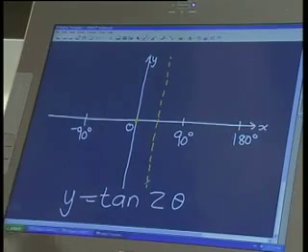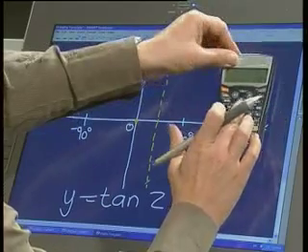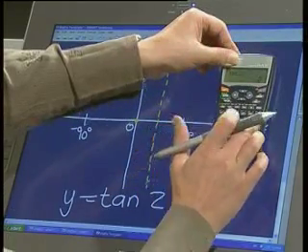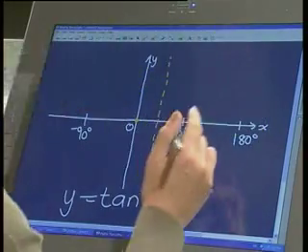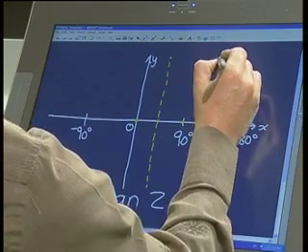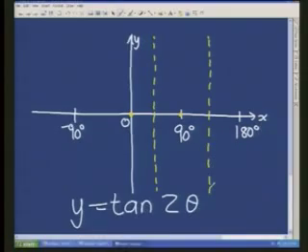If I type 90 in, I'm going to go tan, open the bracket, 2 times 90, close the bracket, equals. I get 0. If I type 135 in, you'll get an error, and if you type 180 in, you'll get 0. Type in minus 45, you'll get an error, and type in minus 90, you will get 0.